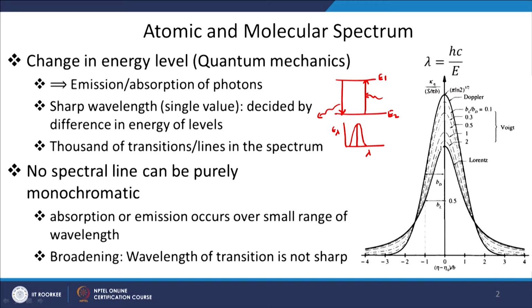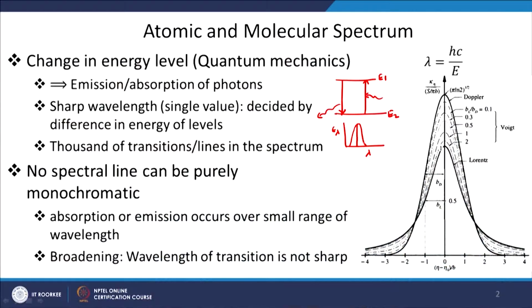That means the wavelength is not sharp, and what decides this sharpness is called broadening. Broadening is a concept related to both atomic and molecular lines, so let us first discuss the nomenclature. Whatever line we consider, whether a rotational line, electronic line or vibrational transition, will not be sharp.